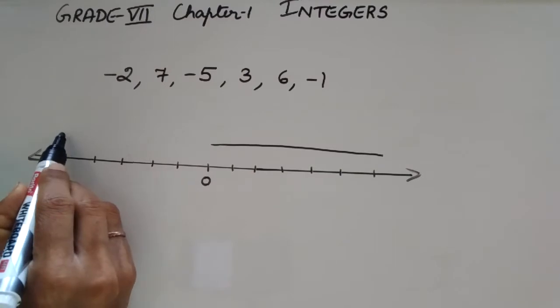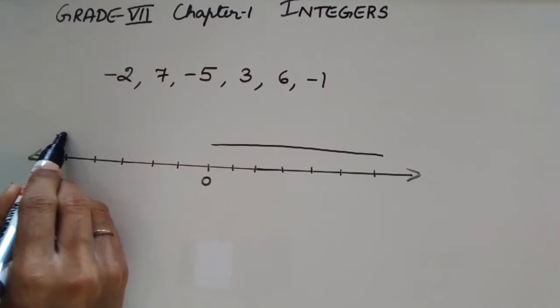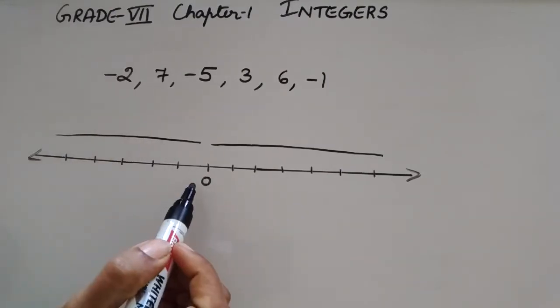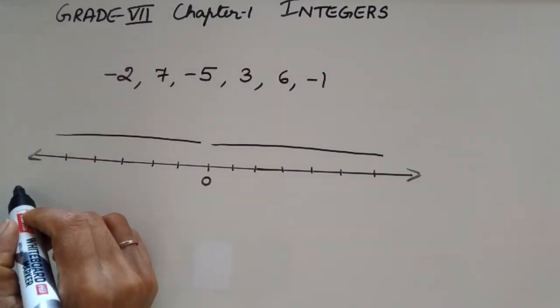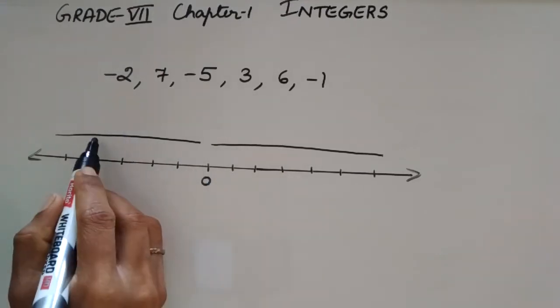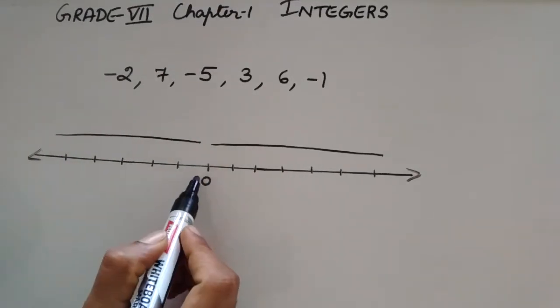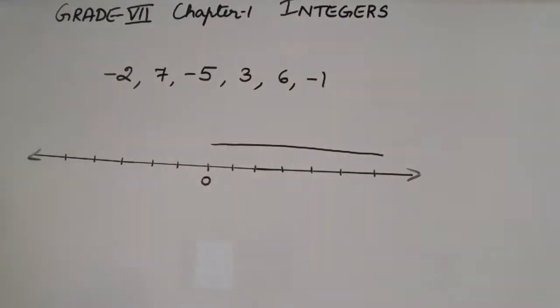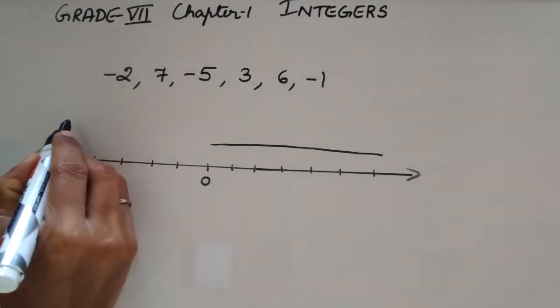And we find the negative integers here, that is to the left of 0. So the numbers to the left of 0 are called the negative integers.